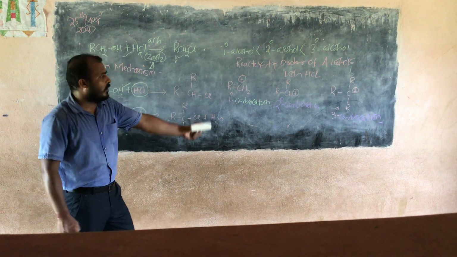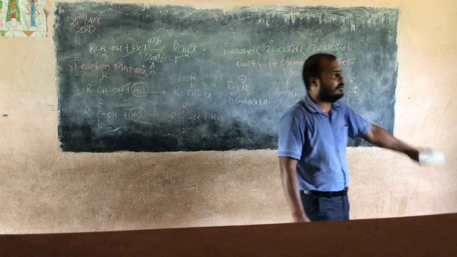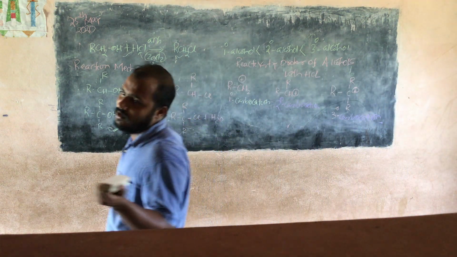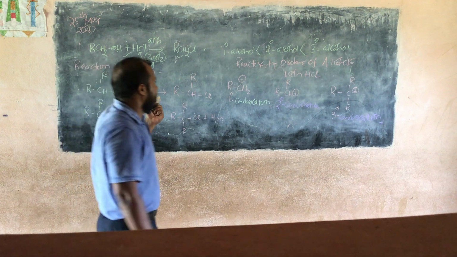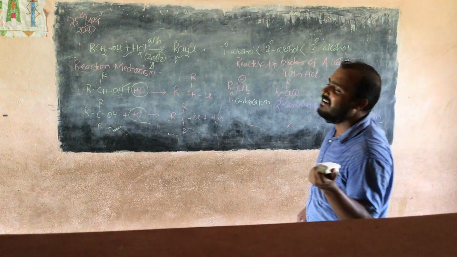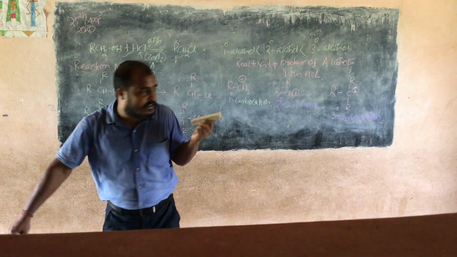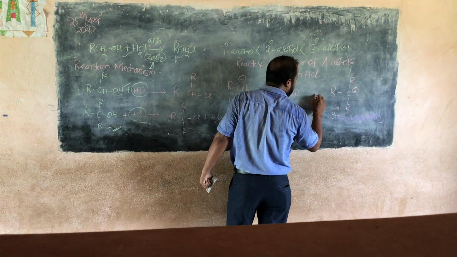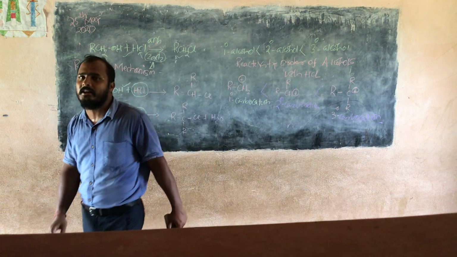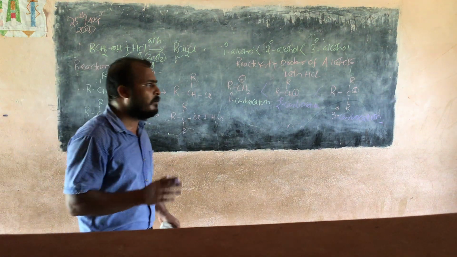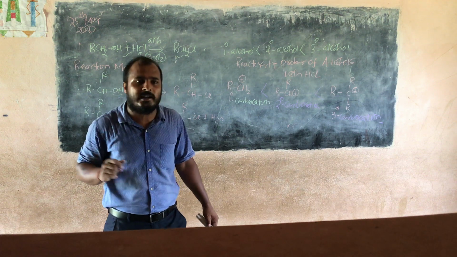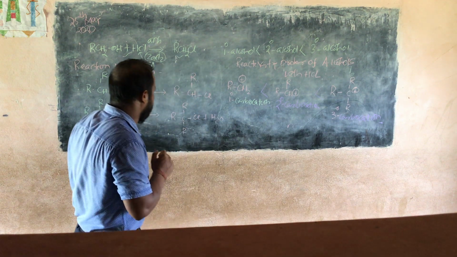This is a primary carbocation, this is a secondary carbocation, this is a tertiary carbocation. Now, you must have read in your first year classes that tertiary carbocation is more stable than secondary and secondary is more stable than primary. In other words, primary carbocations are less stable in comparison to secondary and tertiary carbocations.